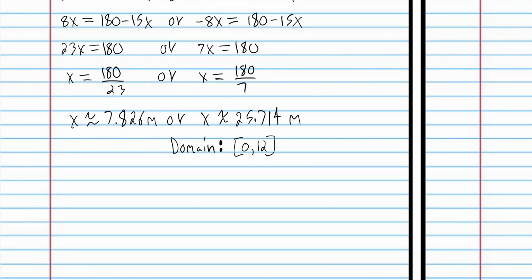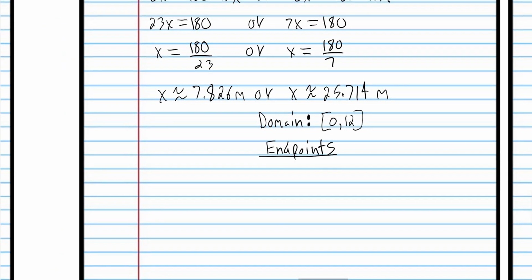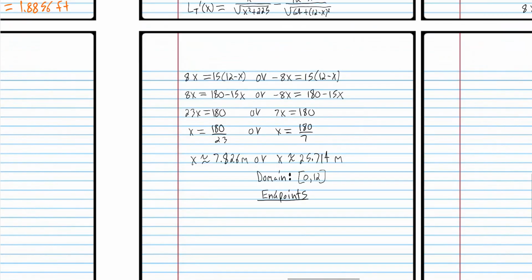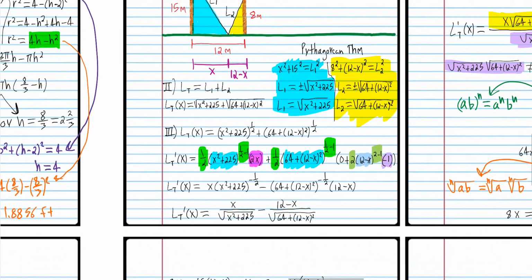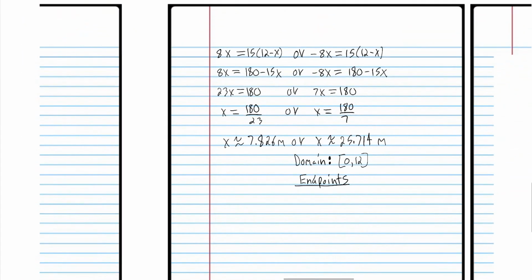So we actually need to consider the endpoints, because that theorem that I showed you applies. We have a continuous function. Because x is squared in both of these, there's no x value that you cannot put into that function. It's a continuous function, and we have a closed interval, 0 to 12.